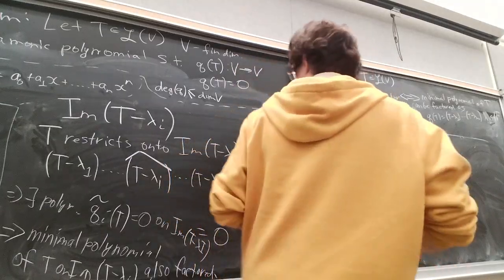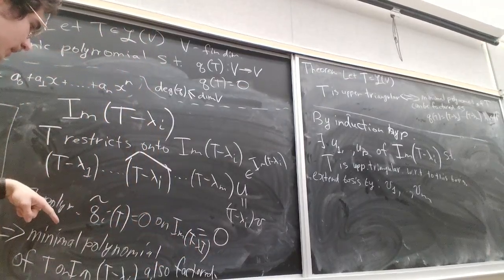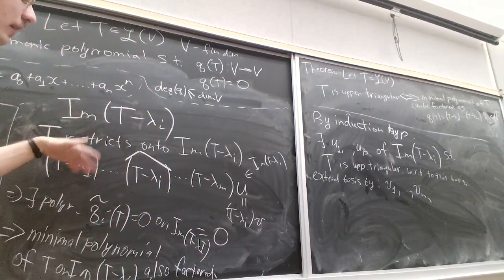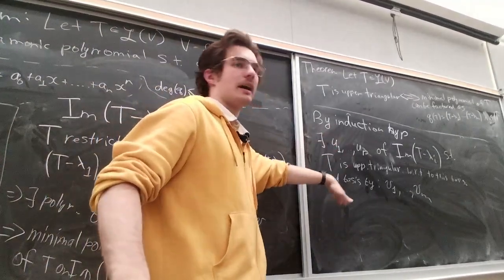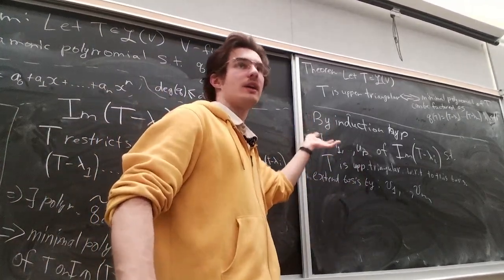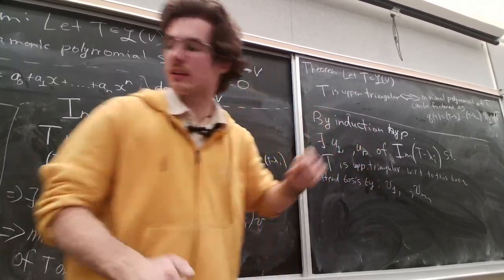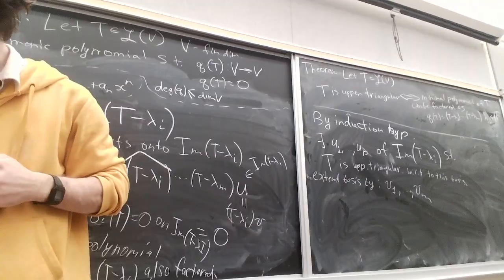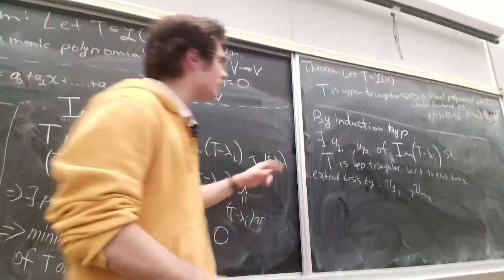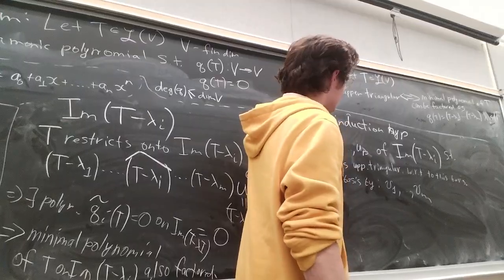Well, I want to show that T of UI is in the span of the UIs, and T of the VJs is also, so it is upper triangular.